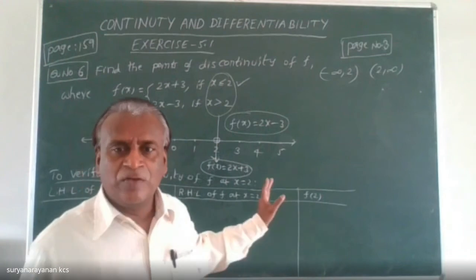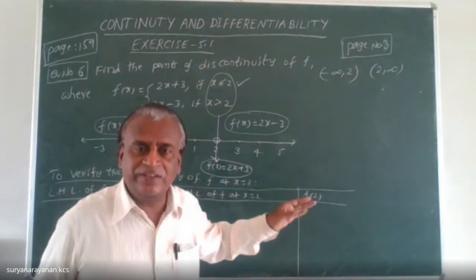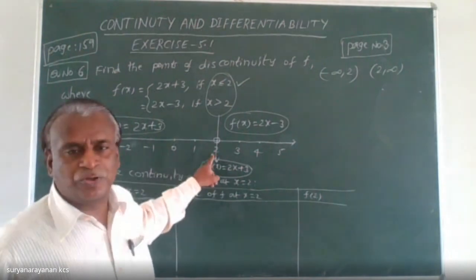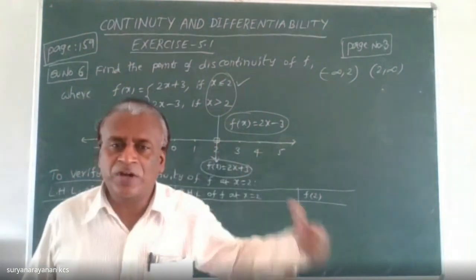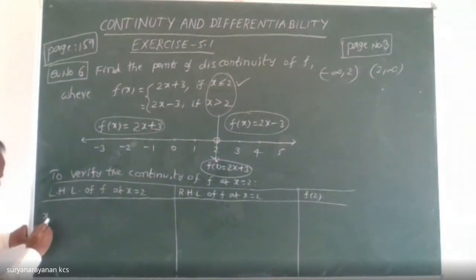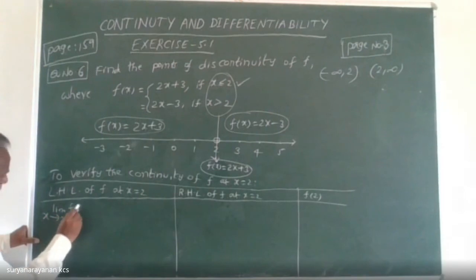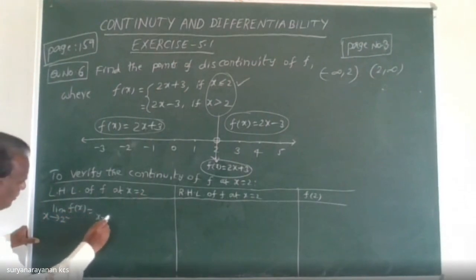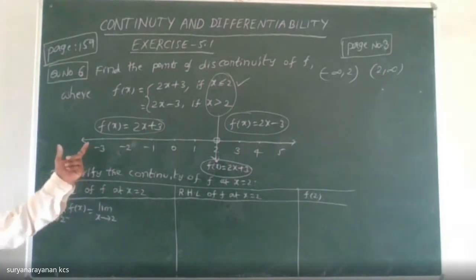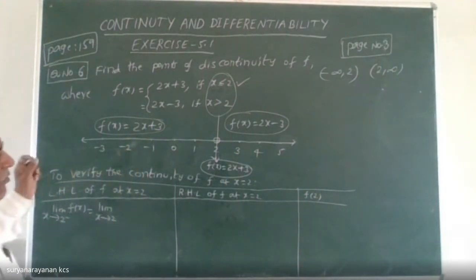Now let us find the left hand limit, limit as x tends to 2 minus of f of x. What is f of x in this interval?